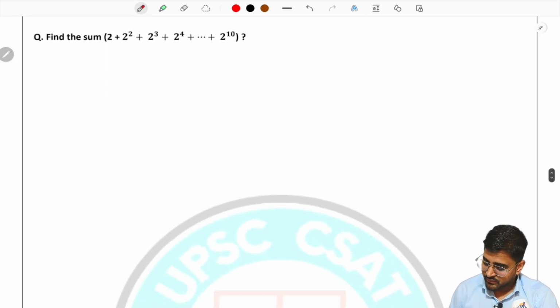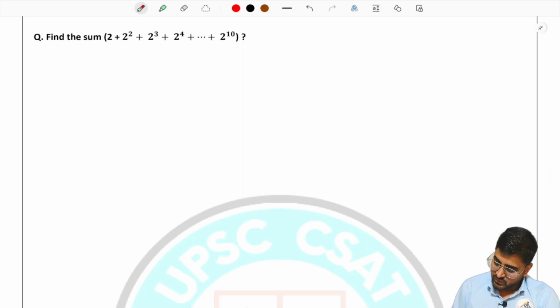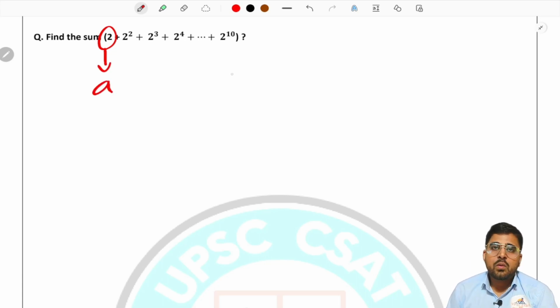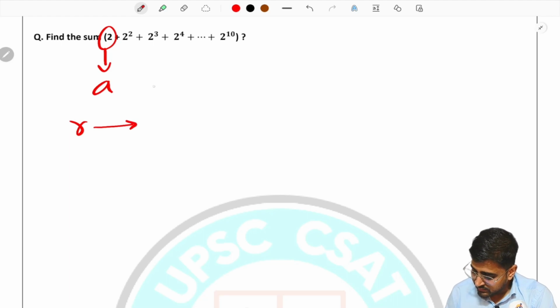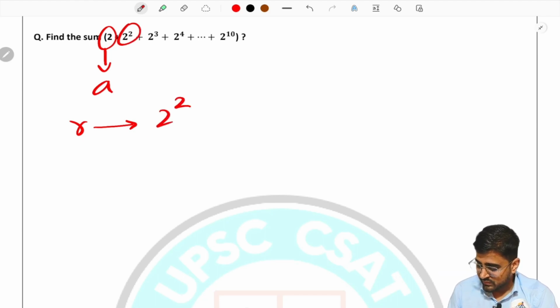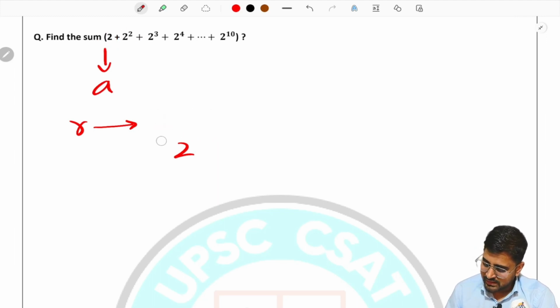Find the sum. Okay, this is a GP question. It's an easy one. I think we have also solved this question, na? Anyway, we will do it again. We have a first term, that is a, and there is a concept of common ratio. So we have to find out the common ratio. Common ratio is denoted by R. So R is, what we have to do in this case, we have to take this term divided by the first term, or take any term.